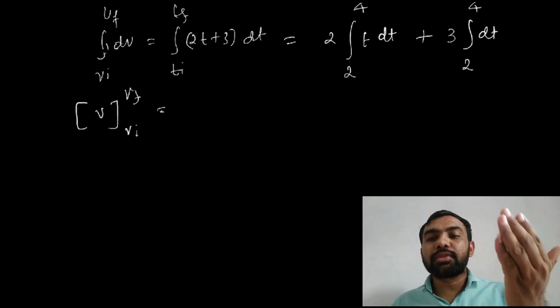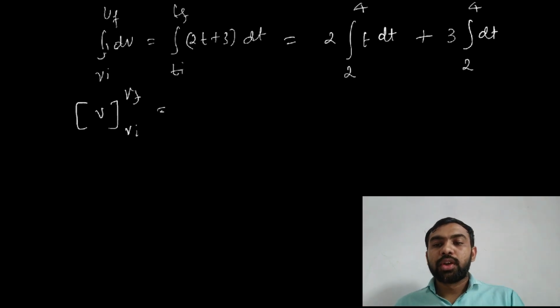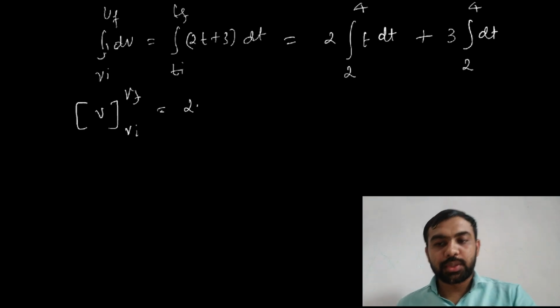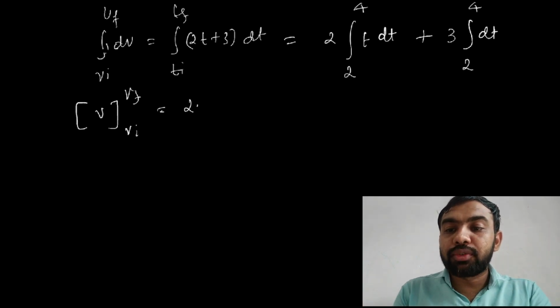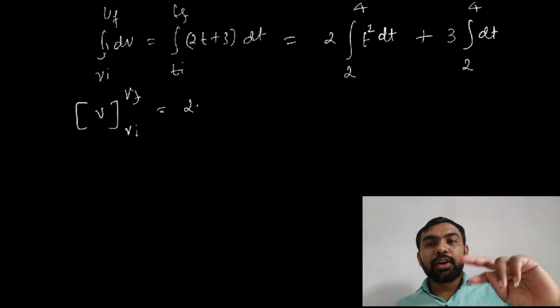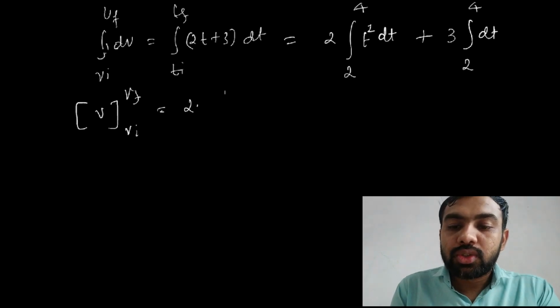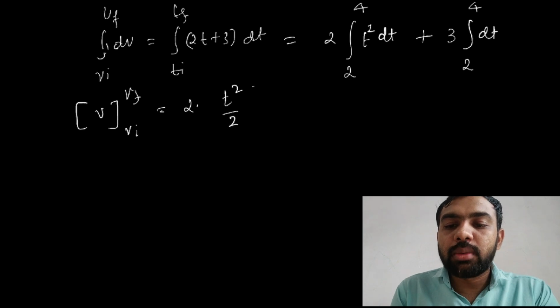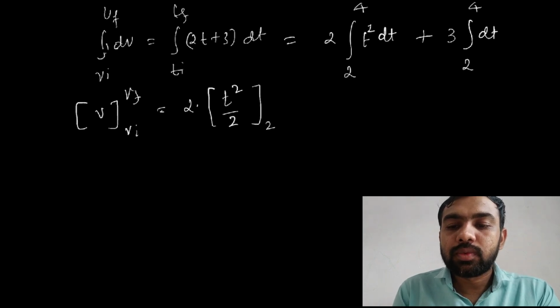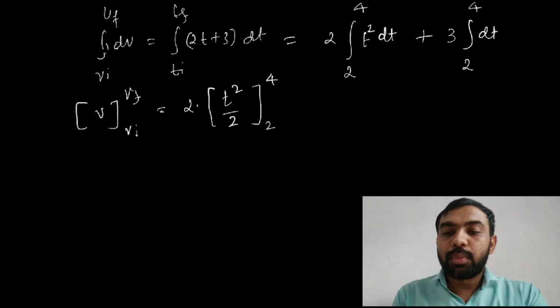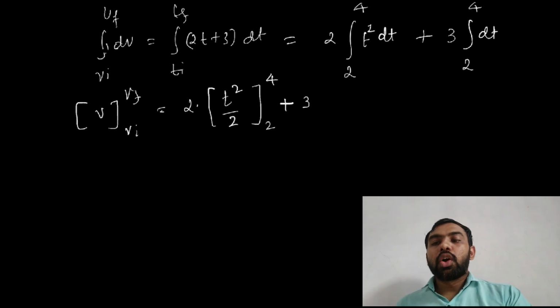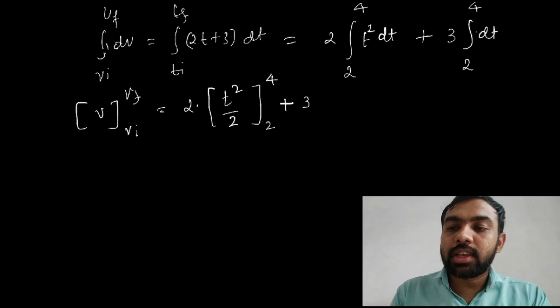And what is the limit t initial to t final? 2 to 4. So what is this answer? 2 as it is. What is the power of t? 1. So the power increases by 1, and the new power comes in the denominator. So t square by 2, limit 2 to 4, plus 3, nothing is given, meaning 1 is given here.